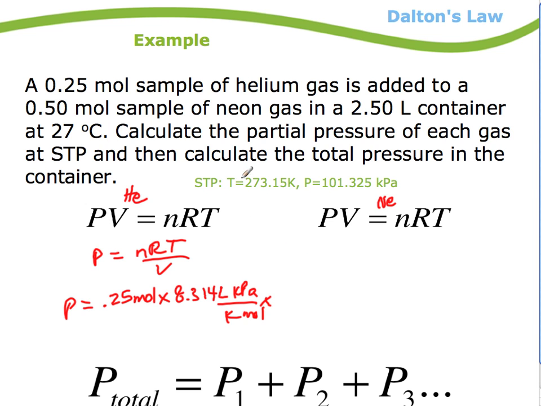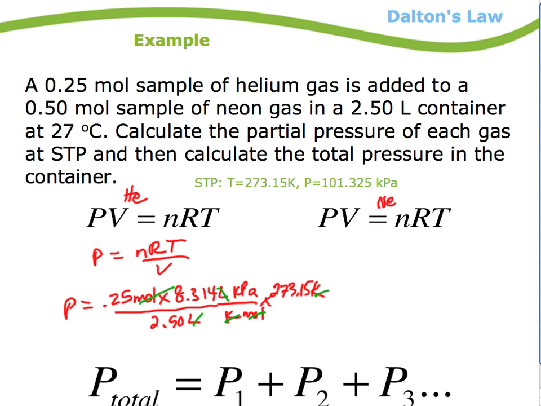The temperature at STP is 273.15 Kelvin, and divide that by the volume. Volume is 2.50 liters. So my moles cancel, my kelvins cancel, my liters cancel.